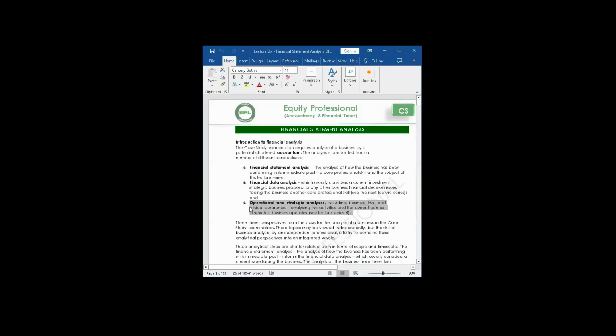I equally showed the class five different diets where operational and strategic analytical skill have been tested, and what the assessors were looking for under these five diets.